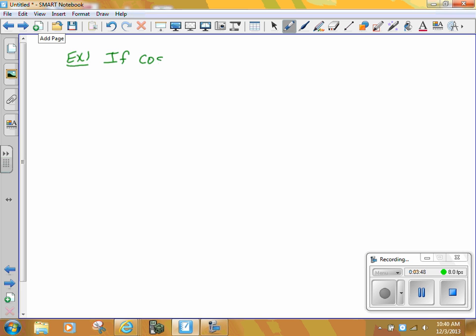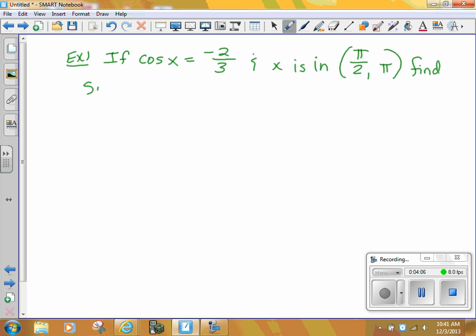If cosine of x is equal to negative 2/3 and x is in the interval pi over 2 to pi, find sine of 2x, cosine of 2x, and tangent of 2x.